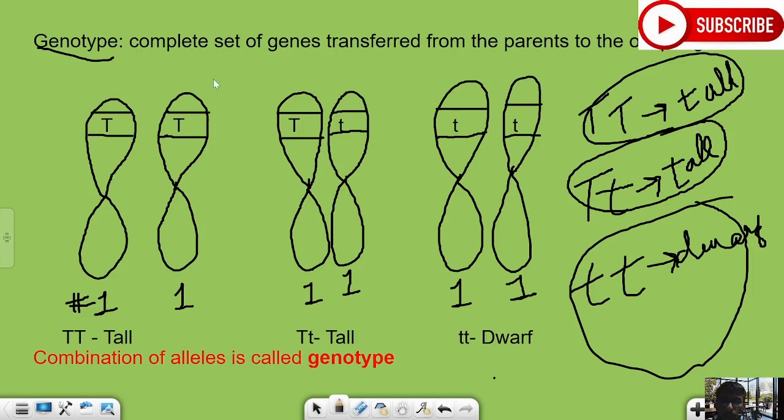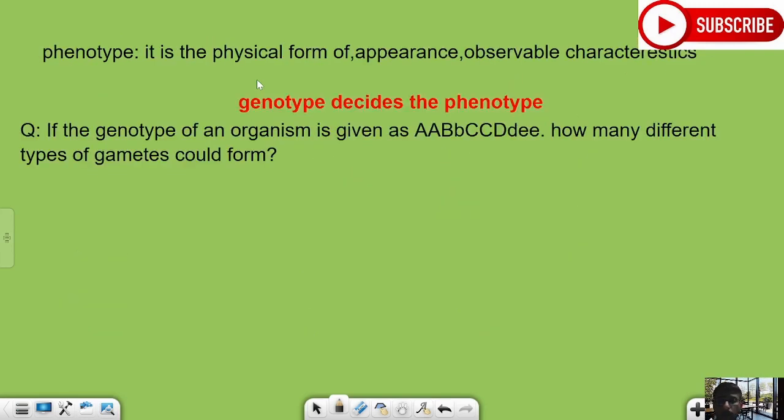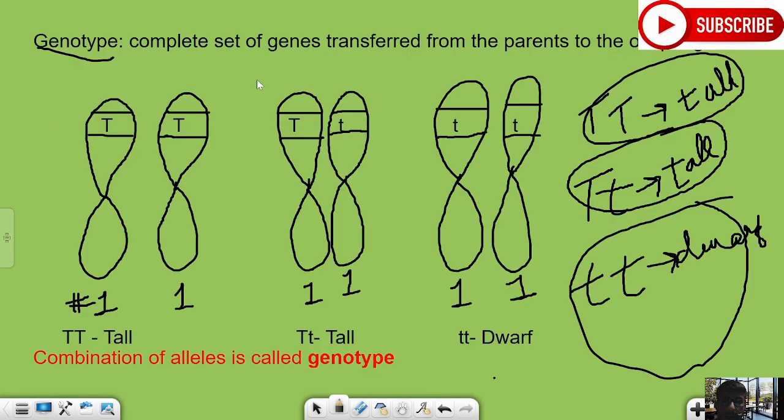So this is the condition about genes, genotype. Next, we are going to study phenotype. What is a phenotype? Phenotype is the physical form or appearance of an organism, or the observable character, right? Here there are three different genotypes: capital T capital T, which is homozygous dominant; capital T small t, which is heterozygous dominant; and small t small t, which is homozygous recessive.